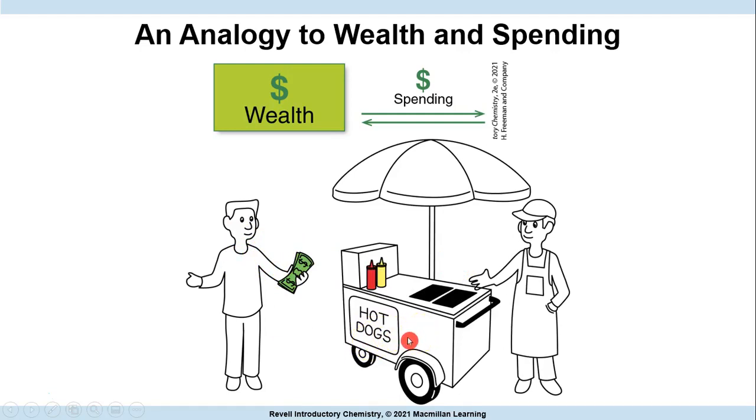So in the course of doing that, his wealth is transferred from him to this seller of the hot dogs and the soda. So when he spends the money, he gets the soda and the hot dogs. So that is spending. In spending, wealth is transferred from one person to another.